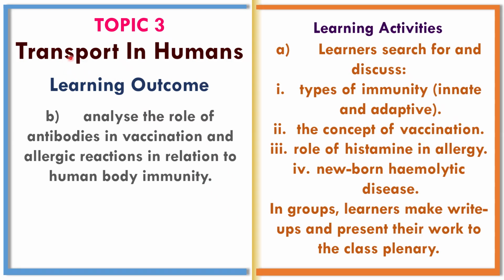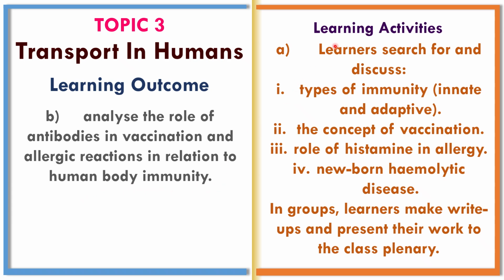Thank you for participating in topic 3, transporting humans. We have been looking at learning outcome B: analyze the role of antibodies in vaccination and allergic reactions in relation to human body immunity.